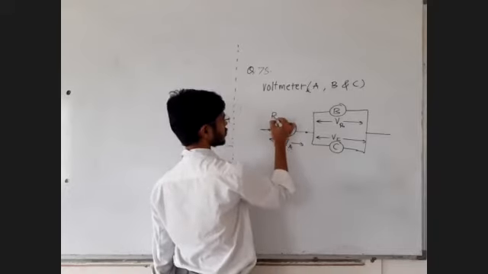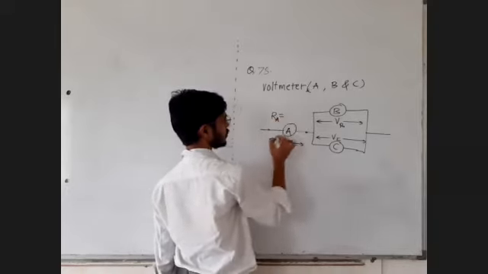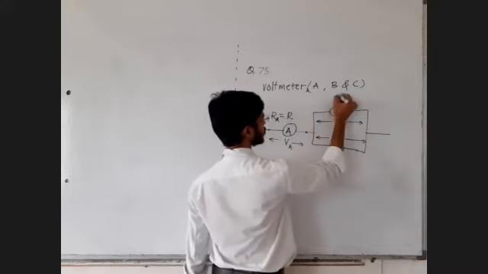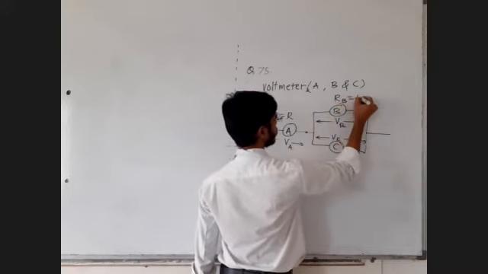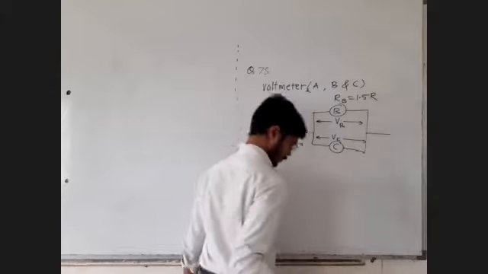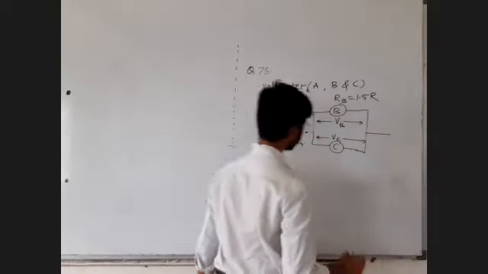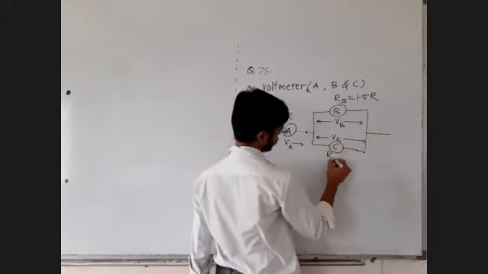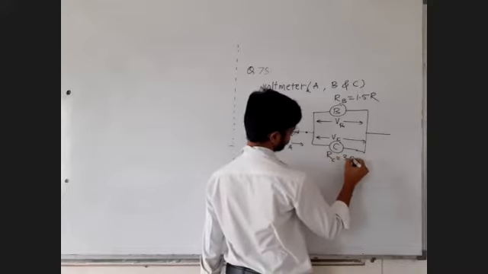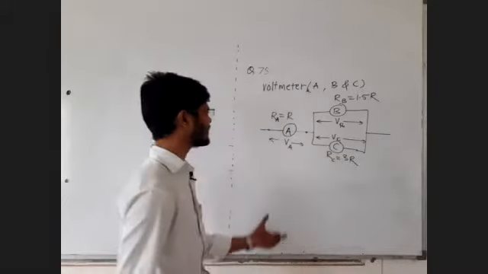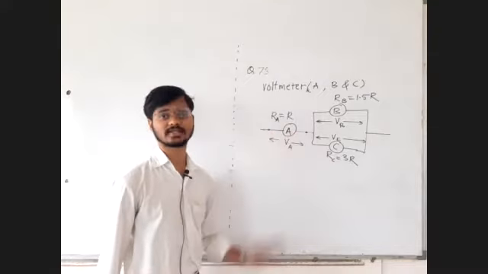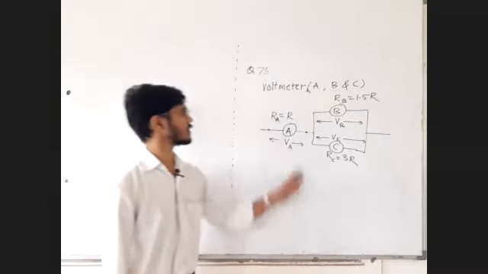Resistance of the first voltmeter is R. Resistance of the second voltmeter is 1.5R. And resistance of the third voltmeter is 3R. For the time being, consider them just as resistances. Ultimately, for us, they are resistances.